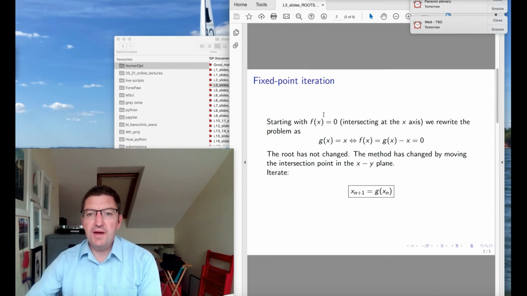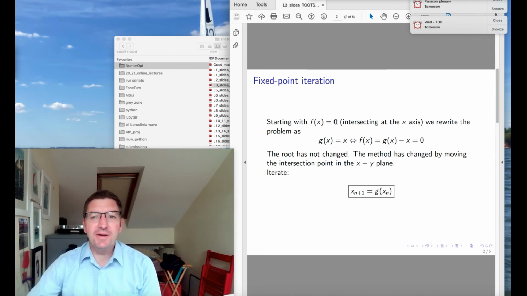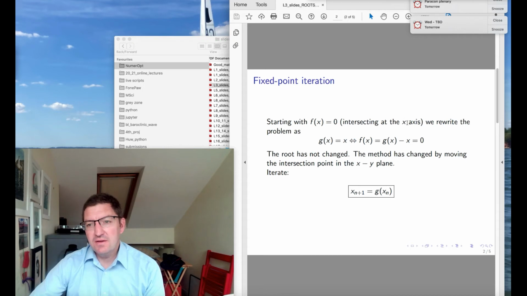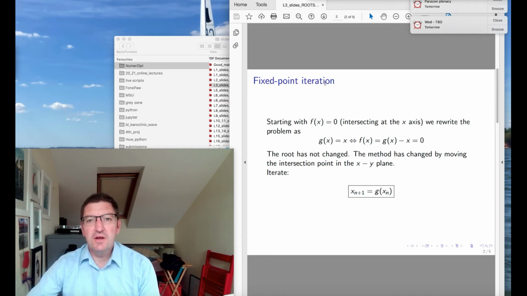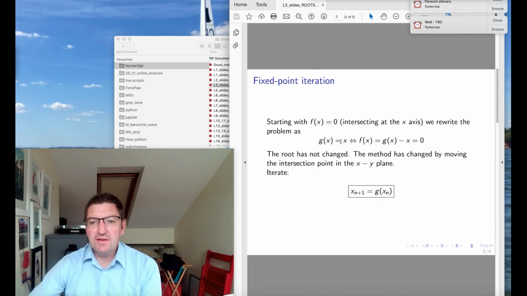So the fixed point method is still solving the problem f(x) = 0. That's where the cursor is. I'm looking at these slides where f(x) intersects the x-axis. But the key idea with the fixed point iteration is to write it in fixed point form, and that means rewriting our problem f(x) = 0 into a form that's g(x) = x.